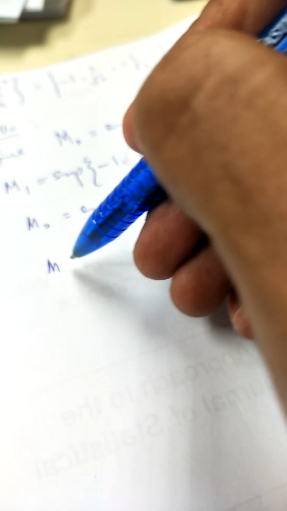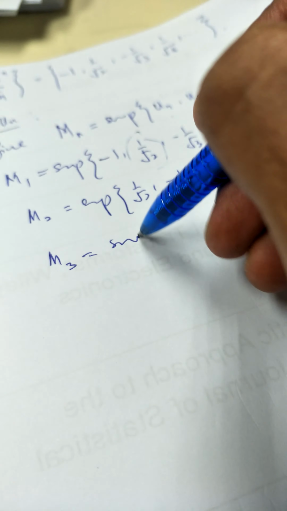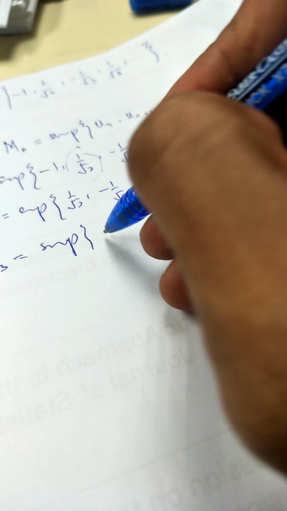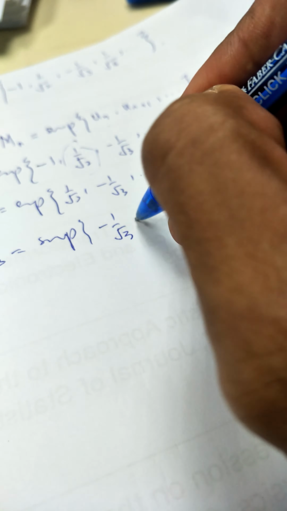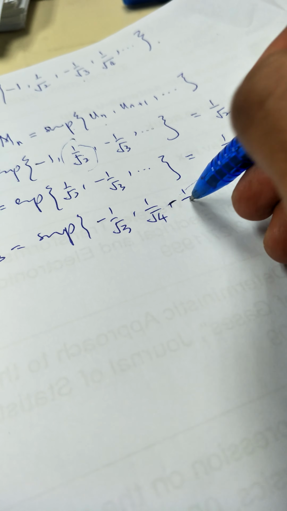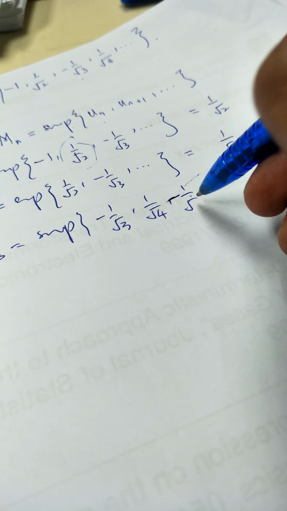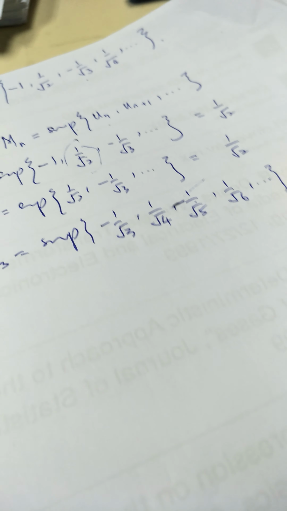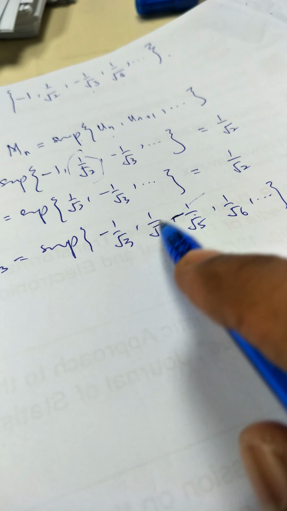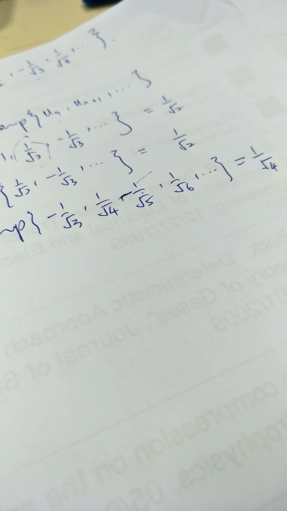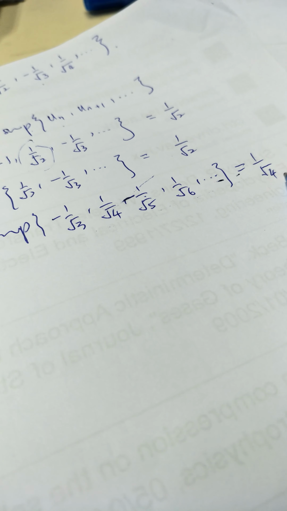If you find M3, it is the supremum from the third term: minus 1 over square root of 3, 1 over square root of 4, minus 1 over square root of 5, 1 over square root of 6, and so on. So the supremum of this is 1 over square root of 4. Okay, choose the biggest one among them, 1 over square root of 4.